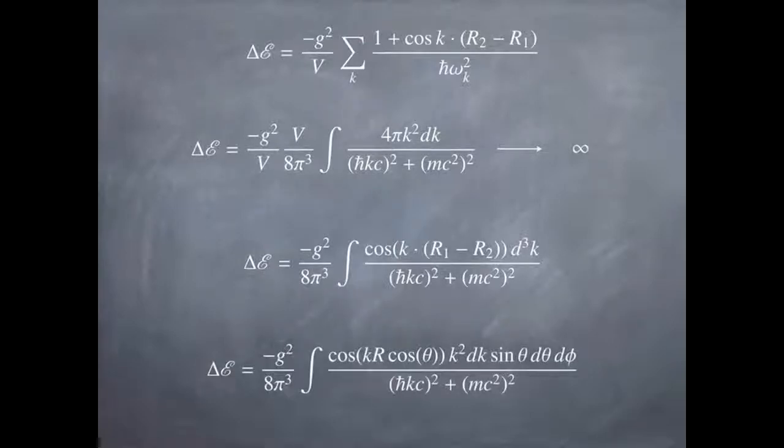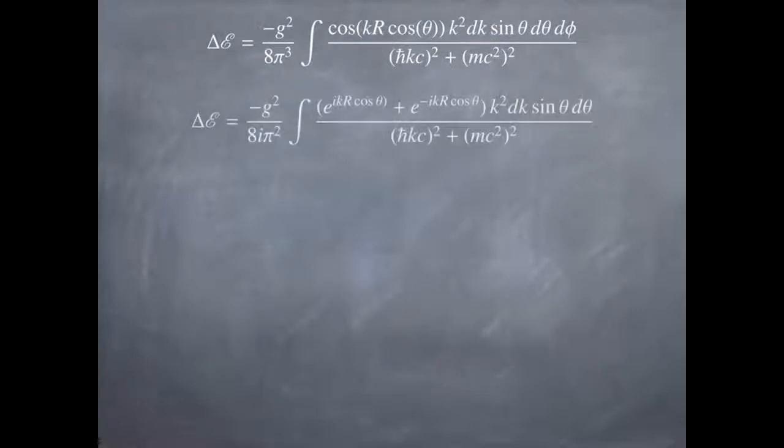If we put in what k dot (r1 minus r2) is, let's imagine r1 minus r2 is just called r, and it points along the z-axis. Then k dot r is going to be kr cosine theta, where theta is the angle relative to the z-axis. And so I get this integral.